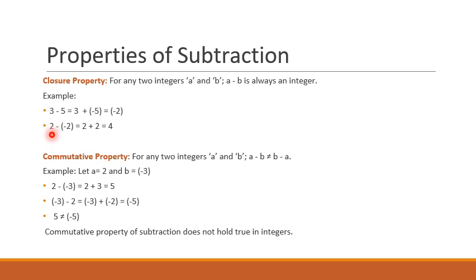Now let's see one more example. 2 minus minus 2. So this minus sign changes to plus and the number to be subtracted, that is minus 2, will change to its negative. So minus 2 will become plus 2. So I got 2 plus 2 and the answer is 4. So 4 is also an integer.